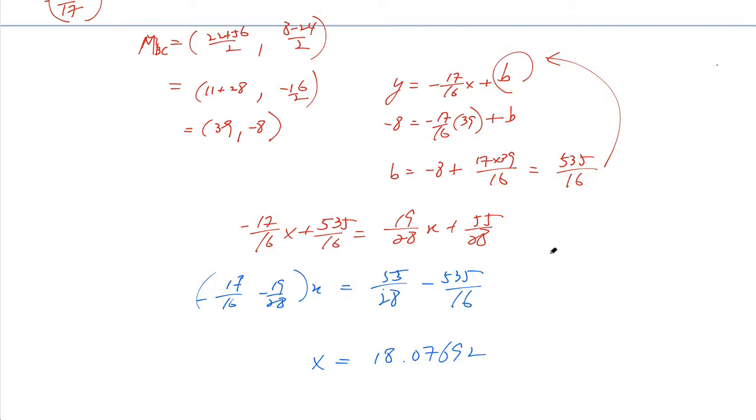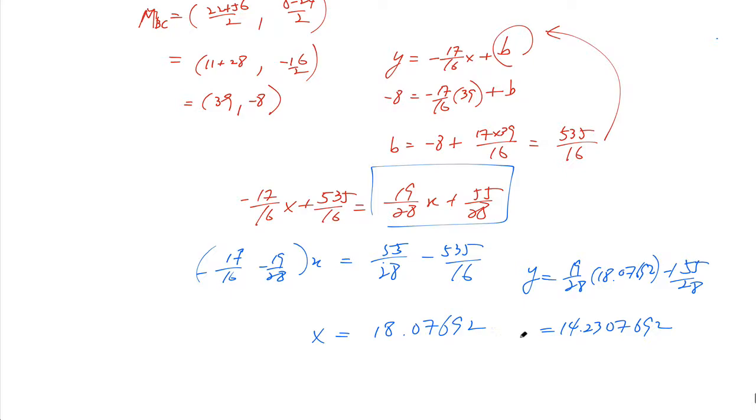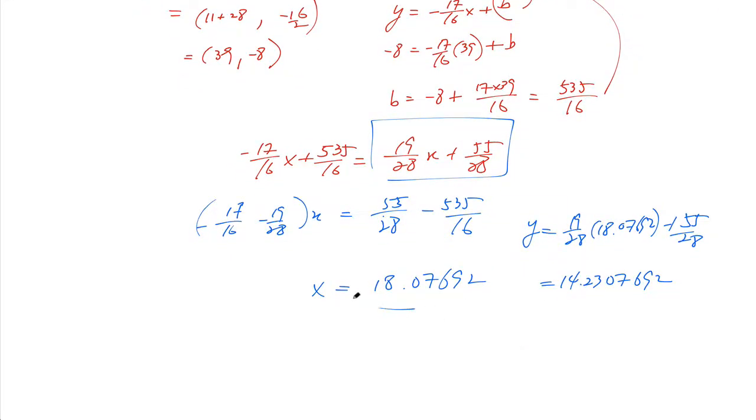I get that, and then you gotta plug that into, let's say, this equation here. And let's get the y. Okay, so this is it. This is the location of the center.